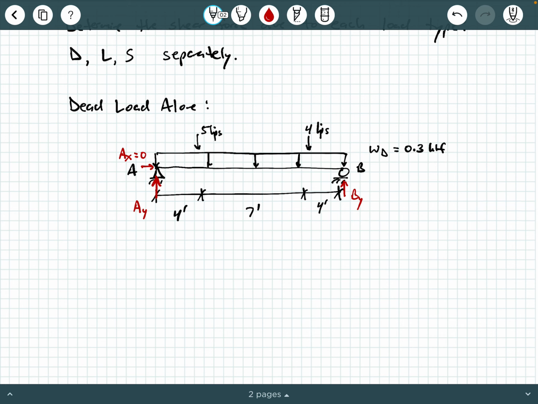So how about we apply some equilibrium equations? You have some options here on how you want to start. I'm going to say sum of the moments about A equals 0, counterclockwise is positive.